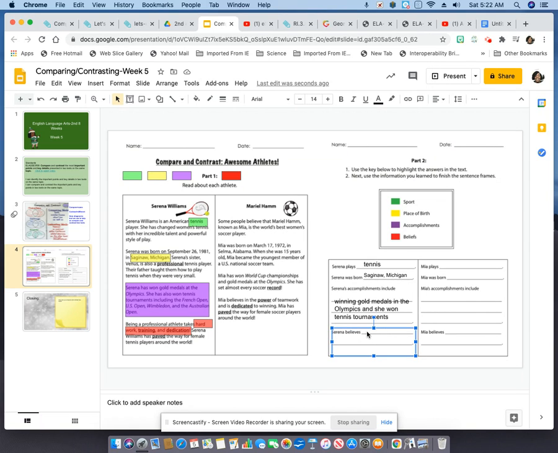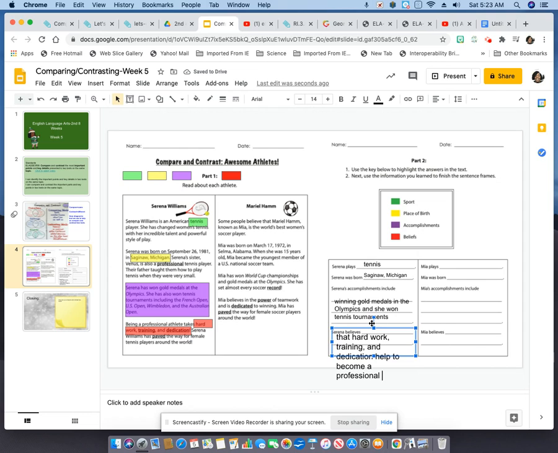Serena believes that hard work, training, and dedication help to become a professional athlete.